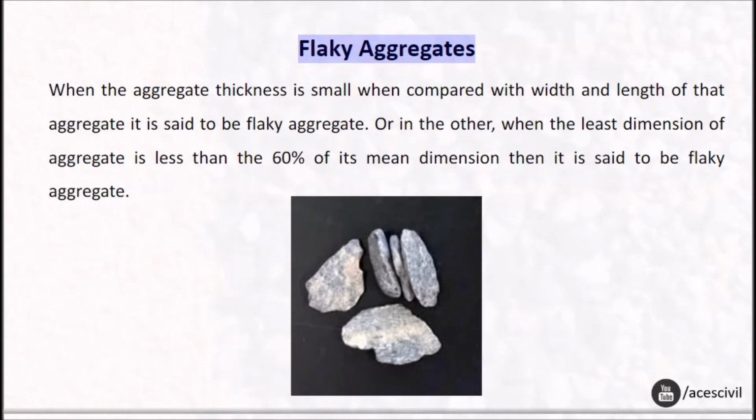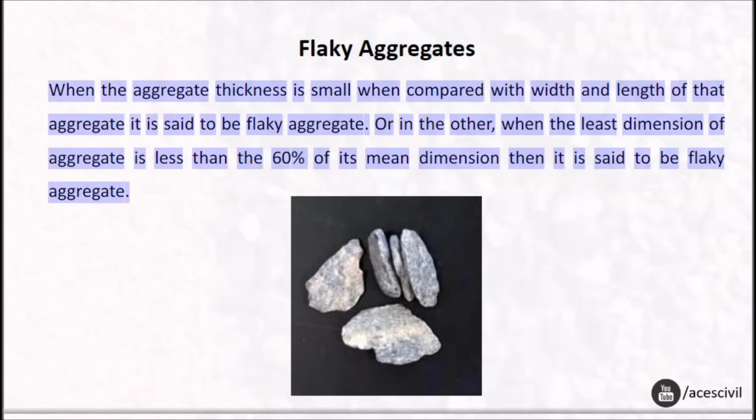Flaky aggregates. When the aggregate thickness is small when compared with the width and length of that aggregate, it is said to be flaky aggregate. Or in other words, when the least dimension of aggregate is less than 60% of its mean dimension, then it is said to be flaky aggregate.